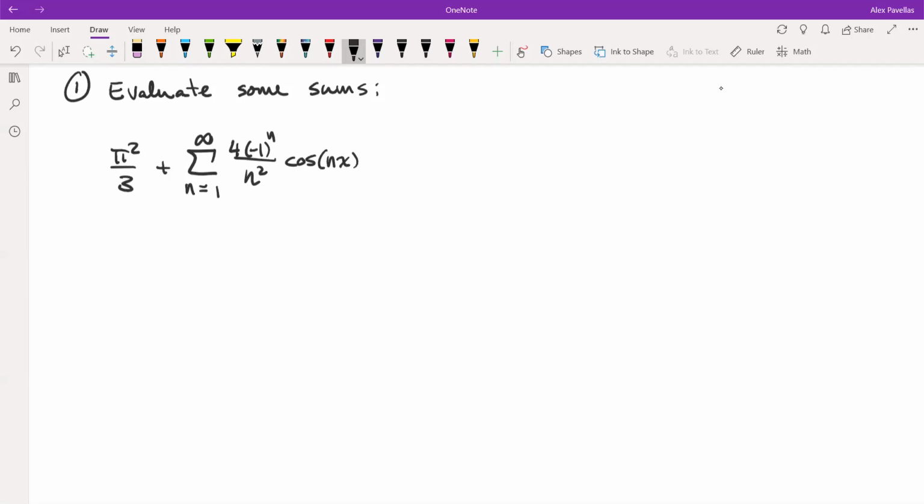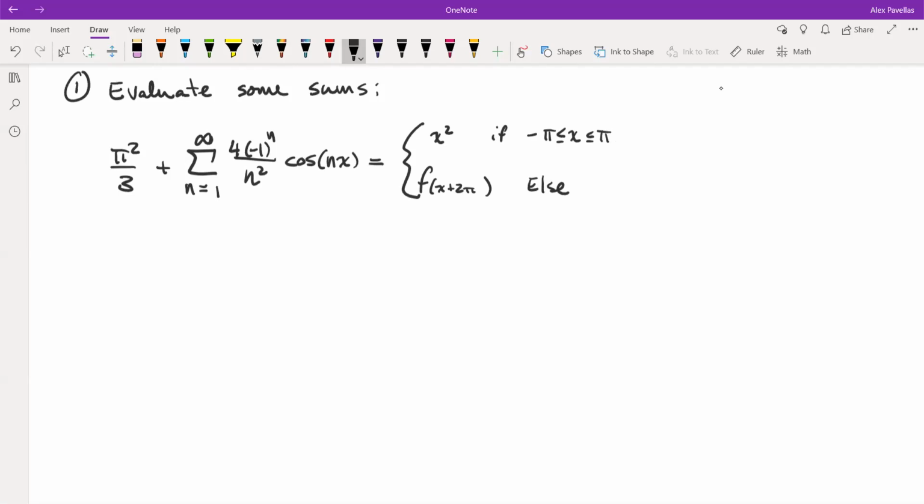And then this was equal to x squared if x is between negative pi and pi, and it's equal to f of x plus 2 pi otherwise. Okay, so as long as I'm plugging in x values between negative pi and pi, then I can just set it equal to x squared.